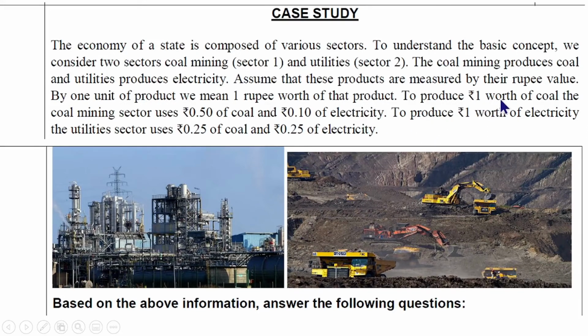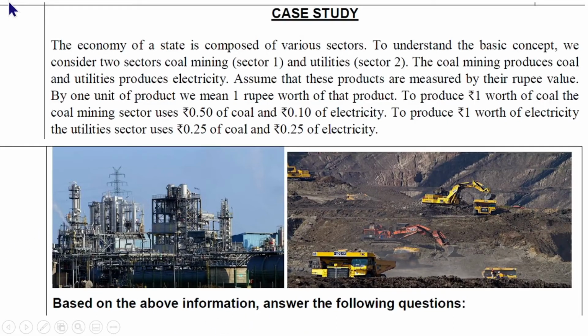To produce 1 rupee worth of coal, the coal mining sector uses rupees 0.50 of coal and rupees 0.10 of electricity. To produce rupee 1 worth of electricity, the utility sector uses 0.25 rupees of coal and 0.25 rupees of electricity. Based on the above information, answer the following questions.